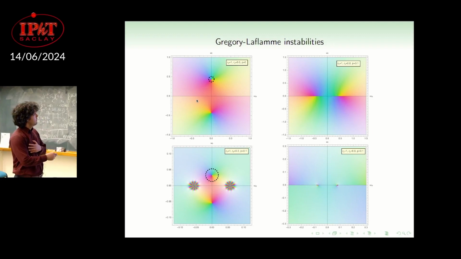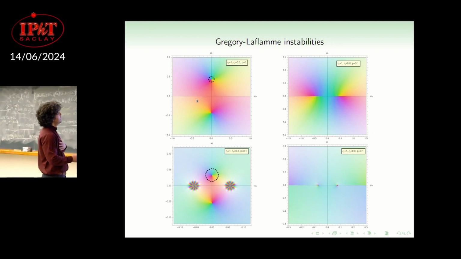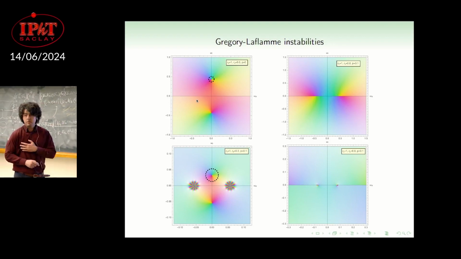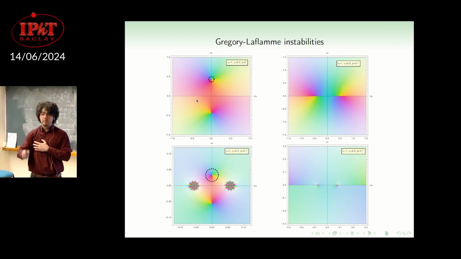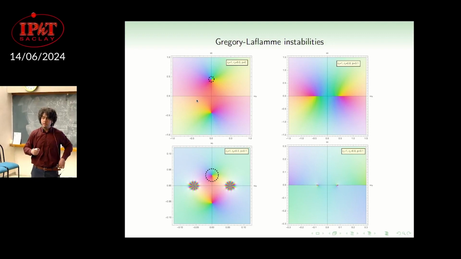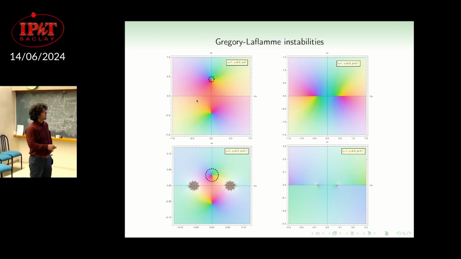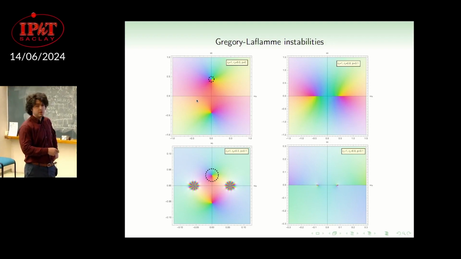In fact, we find an instability, a mode with positive imaginary part. In this other panel, you have RB equal to 1, RS equal to 8/10. So we are inside the stability domain, and in fact we find only stable modes. There are no modes with positive imaginary part.